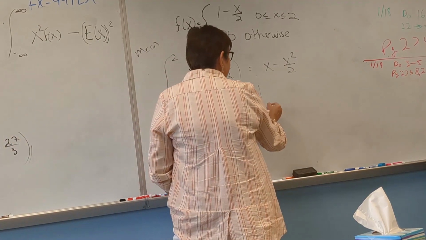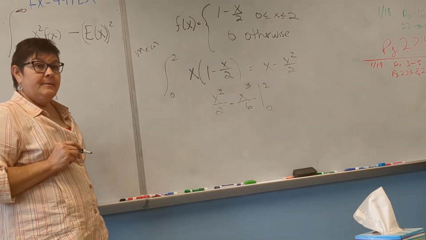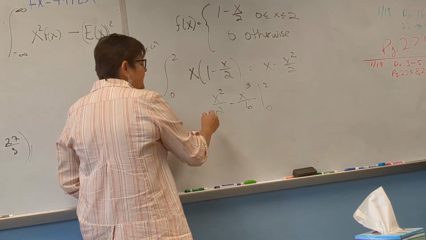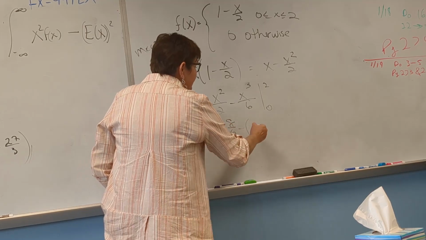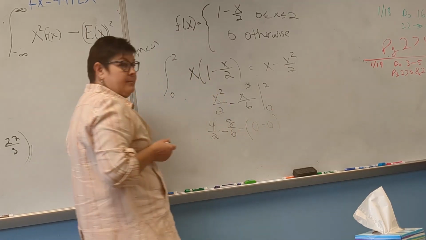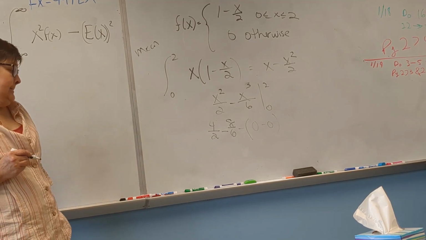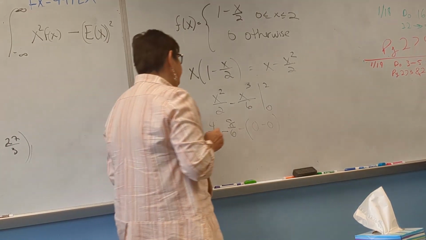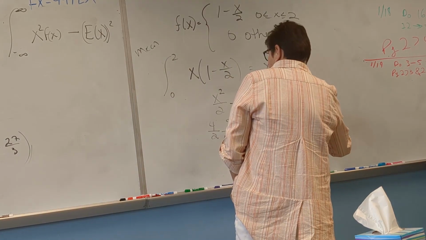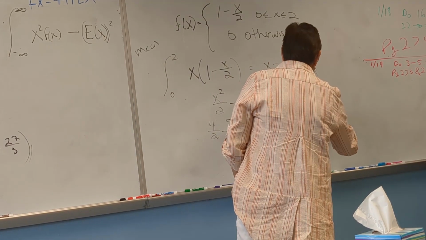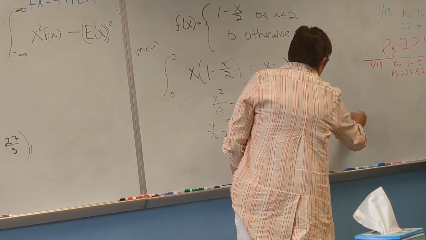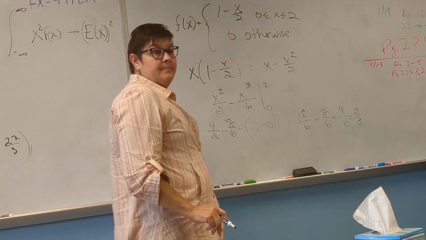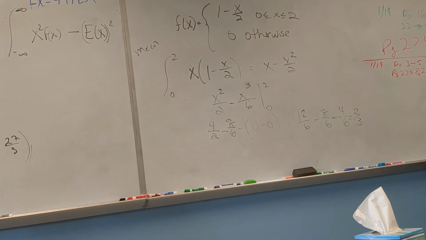So 2 going in would be 4 halves minus 8 over 6 minus all zeros. So 12 over 6 minus 8 over 6 is 4 over 6, which is 2/3. Are we okay there?